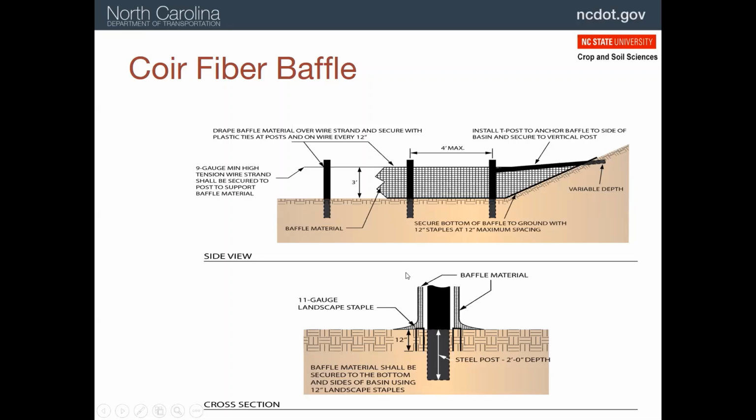So if you have 3 feet on each side, then you have a little bit extra on both sides that you can staple into the bottom so that water doesn't get underneath that baffle. It's important that the sides are level so that water does not get around them again. In this case, you see a post used that you attach the material to. Other people will just run that wire across to a post or a stake in the side and put the material on that.